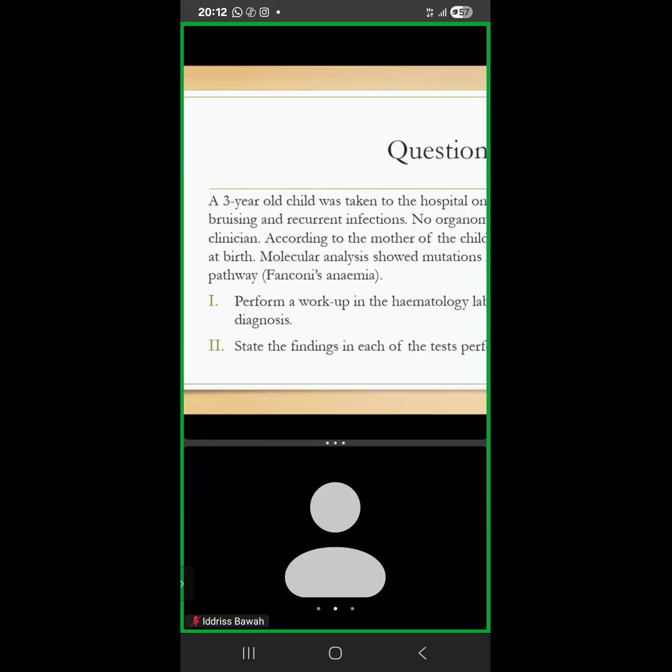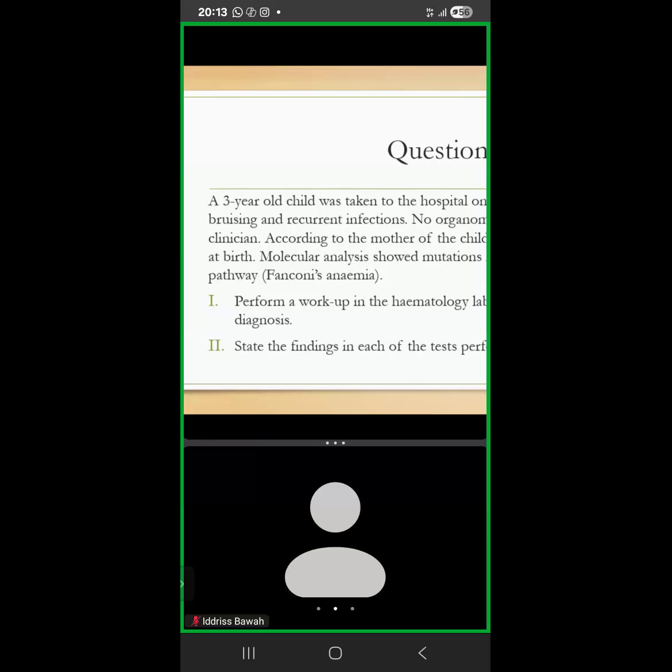And so in this particular case, we said the differential diagnosis will be aplastic anemia, PNH, MDS, hairy cell leukemia, and indeed drug reactions. And so further looking at the cells in aplastic anemia, the cells are normal.